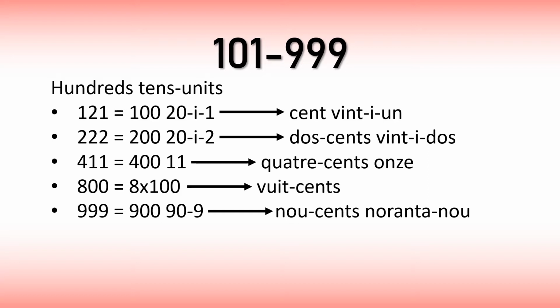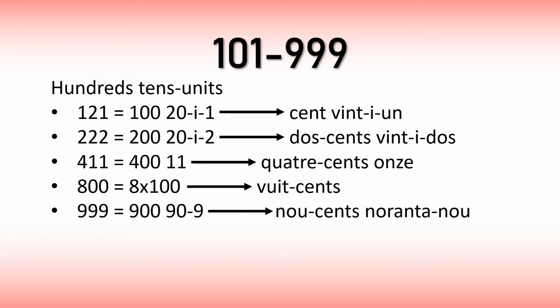Now for 411, as you remember, 11 has its own name. We don't say 10 and 1, right? So same thing here. First we have 400, and then 11. 411. So just to remark this, for the hundreds, we just count how many hundreds, right?